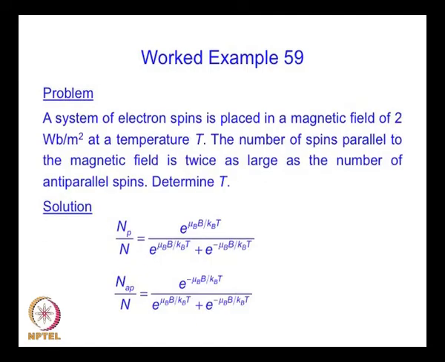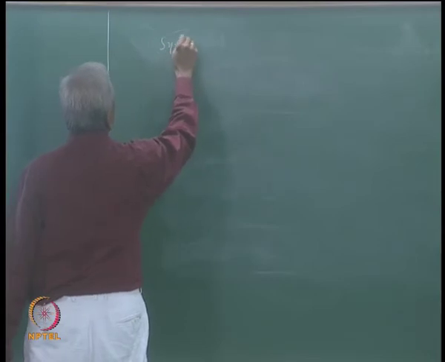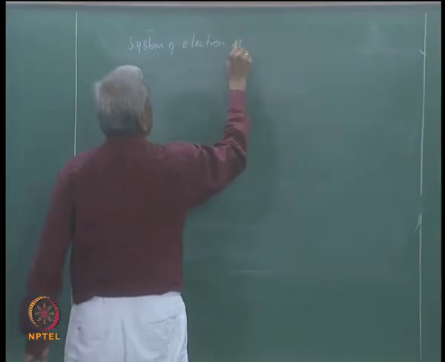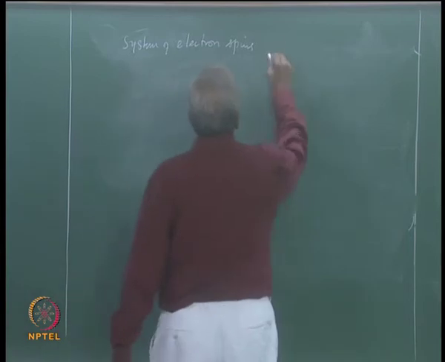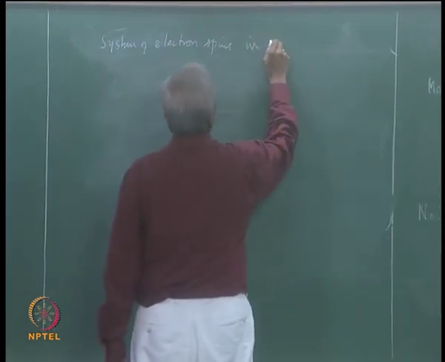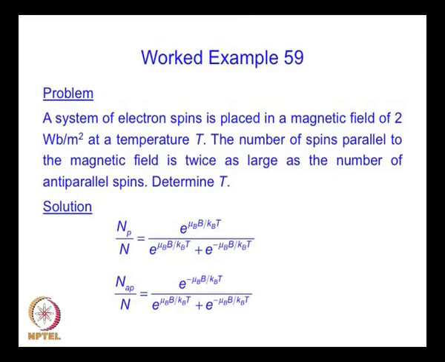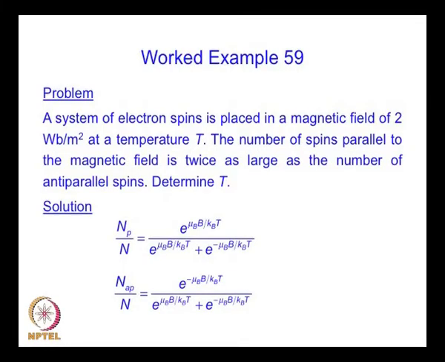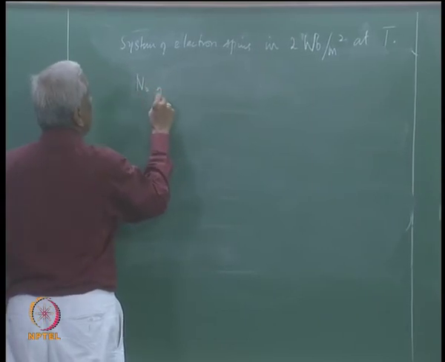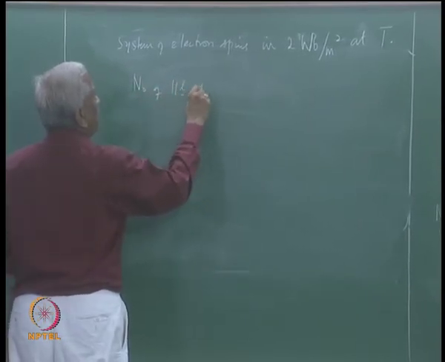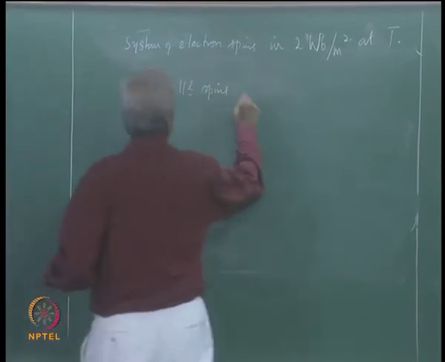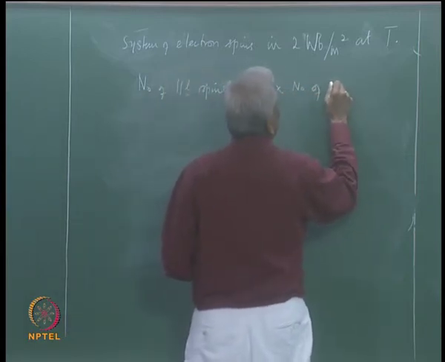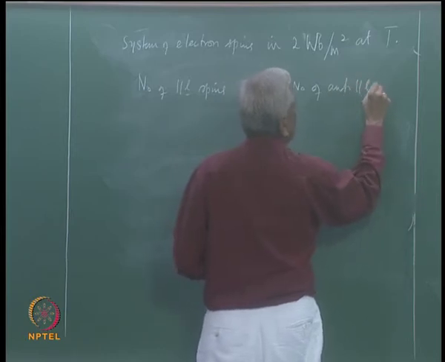Next. We are told that a system of electron spins is placed in a magnetic field of 2 Weber per meter square at the temperature T, and we are told that the number of spins which are oriented parallel to the field is twice the number of spins which have spins anti-parallel to the field.